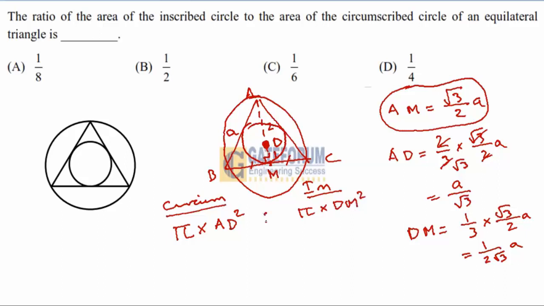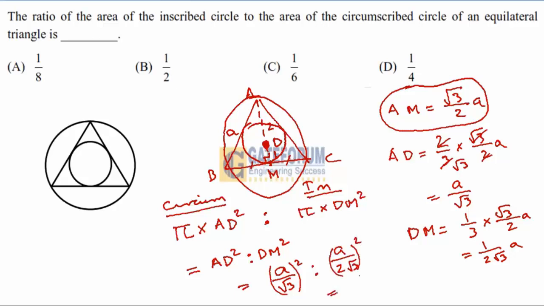They have asked us the ratio of this. So basically the ratio of this would be equal to AD square is to DM square. But we already know AD and DM. See, here you can see. So we can say now that this would be (a by root 3) whole square is to (a by 2 root 3) whole square.